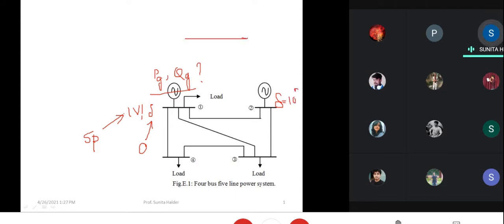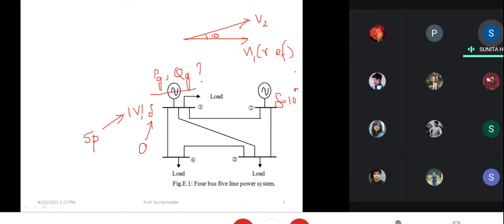So if V1 is there, then V2 at 10 degrees means V2 is 10 degrees leading from V1. So actually V1 is always the reference phasor. Right? We do not need any absolute value. Absolute value can never be there for the angle. So we can make that angle 0.